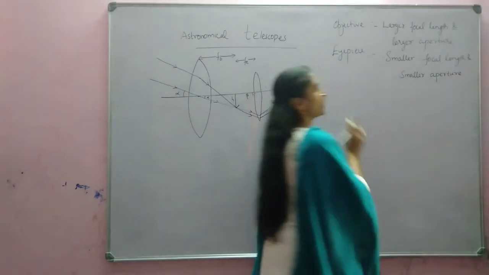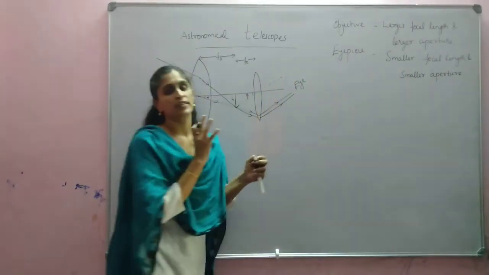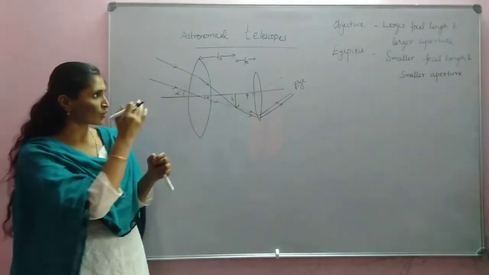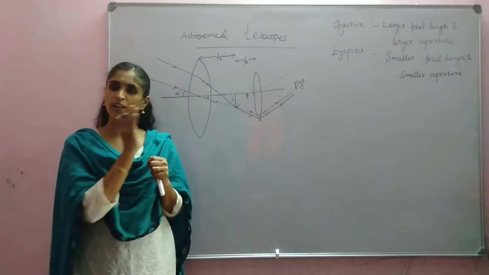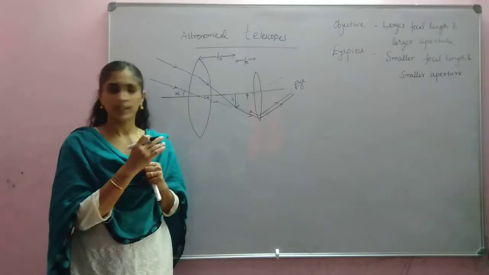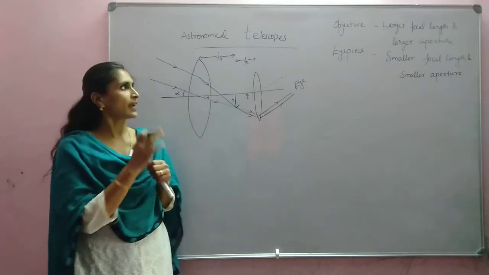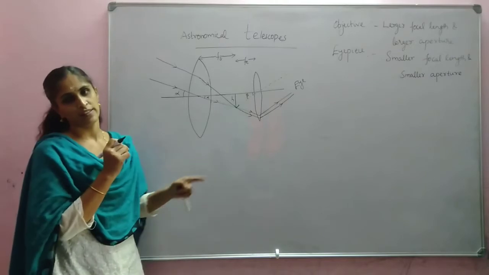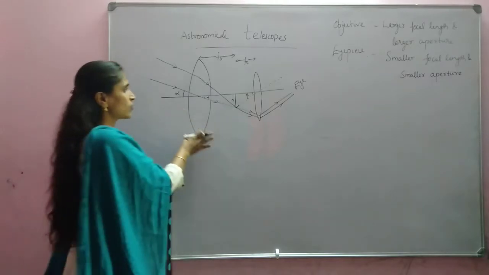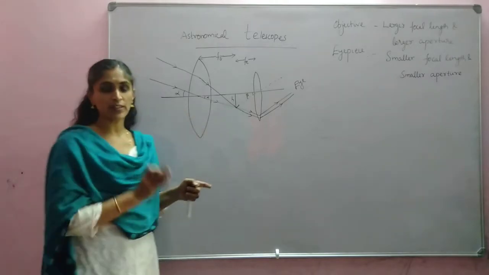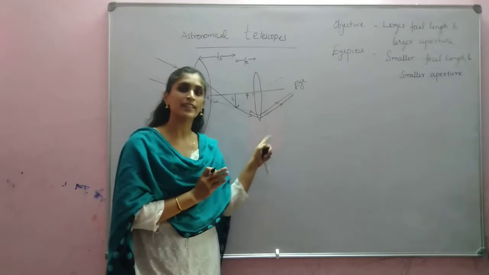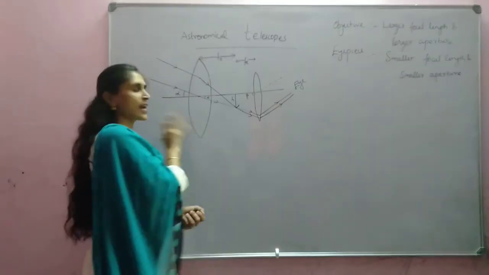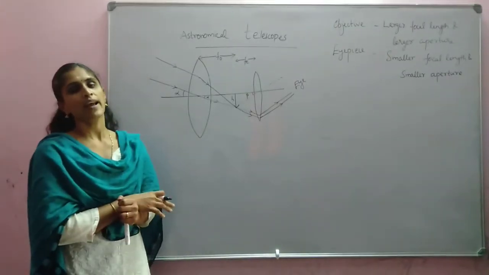Here you can see the difference between telescope and microscope. In the case of a microscope we use an eyepiece of larger focal length and an objective of smaller focal length; here the case is reversed. We use the convex lens of larger focal length as objective and smaller focal length as eyepiece. And why do we use a larger aperture lens as objective?